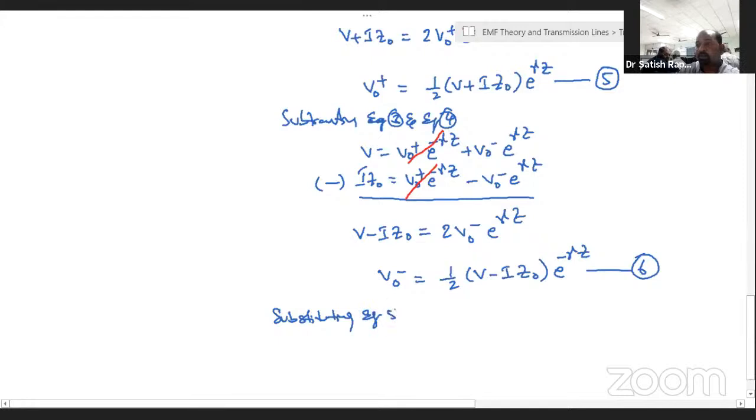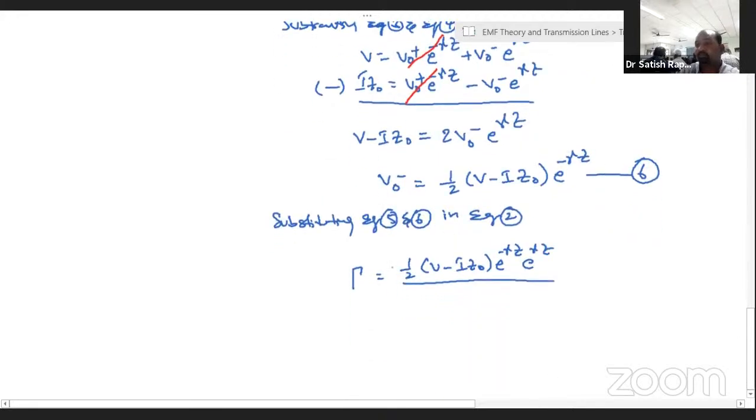Substituting equations 5 and 6 in equation 2, we have gamma equal to half (V minus I Z naught) e power minus gamma z e power gamma z, divided by half (V plus I Z naught) e power gamma z e power minus gamma z.